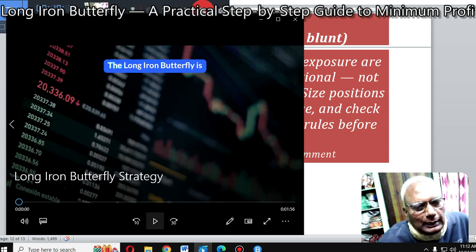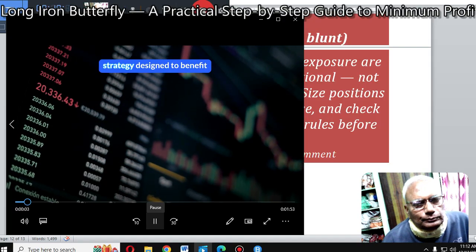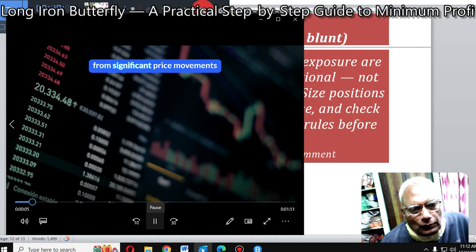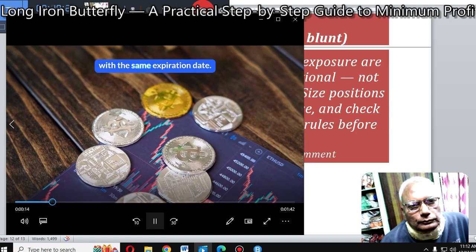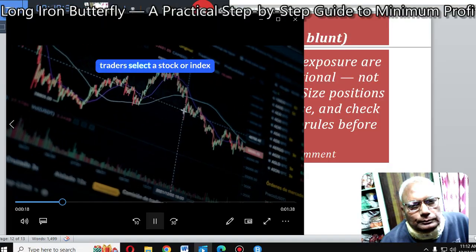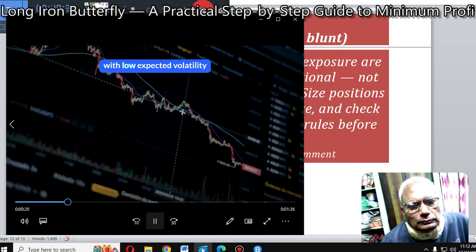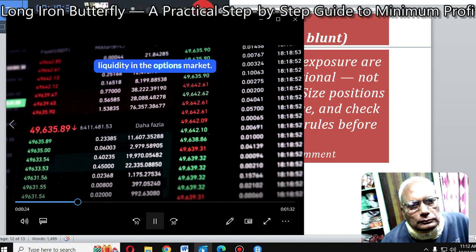The long iron butterfly is an advanced options trading strategy designed to benefit from significant price movements in either direction. It involves setting up 4 options contracts at 3 different strike prices, all with the same expiration date. To implement this strategy, traders select a stock or index with low expected volatility and ensure there is sufficient liquidity in the options market.